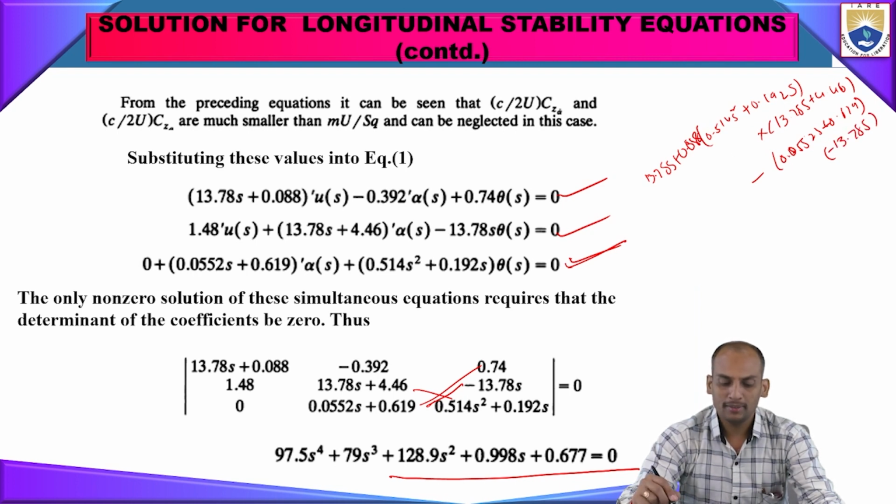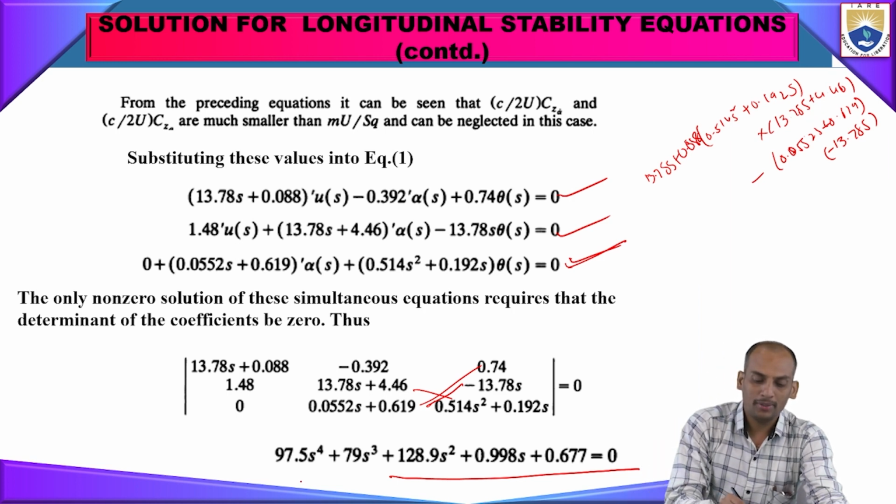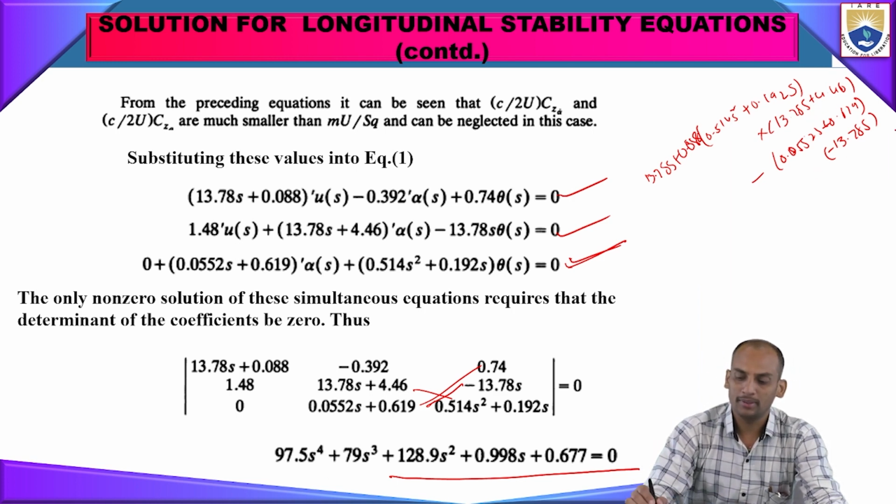If you multiply all these values, it will be an s cube, and as per 4 values we will get the total value.